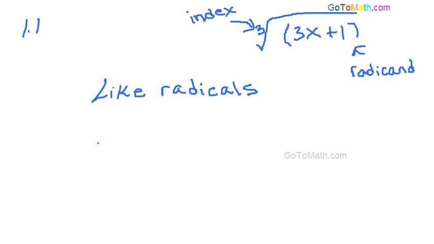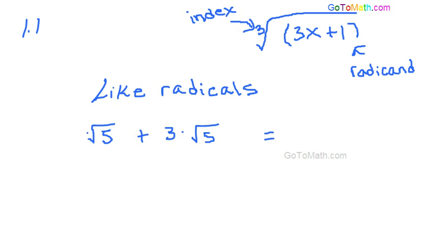Okay, so here's some examples. We have the square root of 5 plus 3 times the square root of 5, and we want to simplify this expression. We're going to take a look at their index number and their radicand.